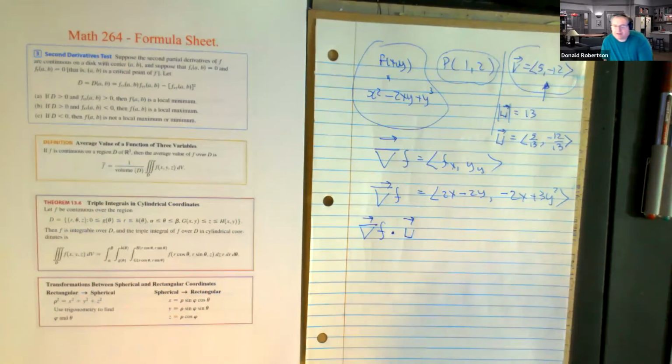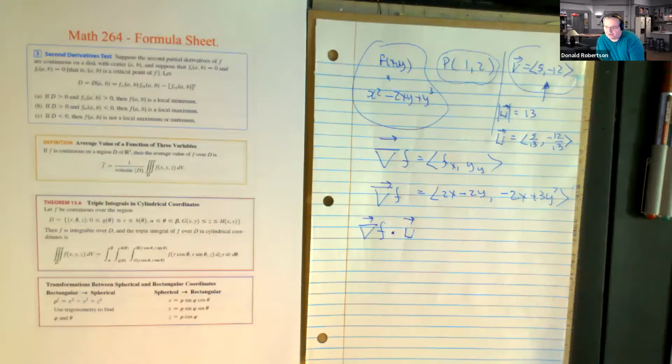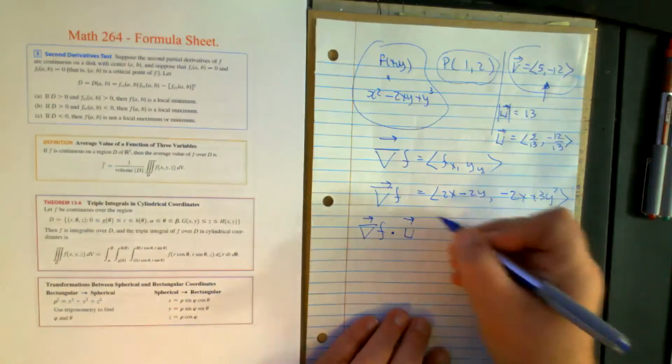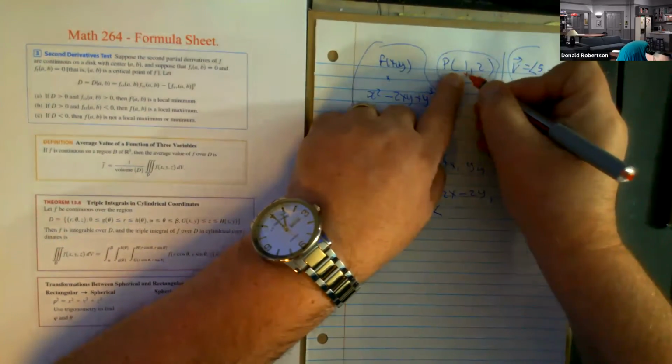Oh, wait a minute. I still have some X's and Y's floating around. I want an answer, right? I want a number when I'm finished. So how do I get rid of the X's and Y's and get numbers? Your points should be your X's and Y's. Right. You nailed it.